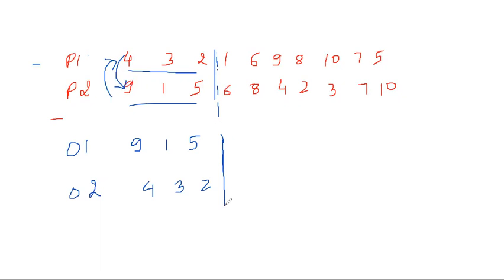Till here we have directly copied, there is no problem. But after this we have to be careful. I have to see which elements have already occurred. From the remaining part, if I see carefully, 1 is already occurring in this section, then 9 is already occurring, and then there is 5.